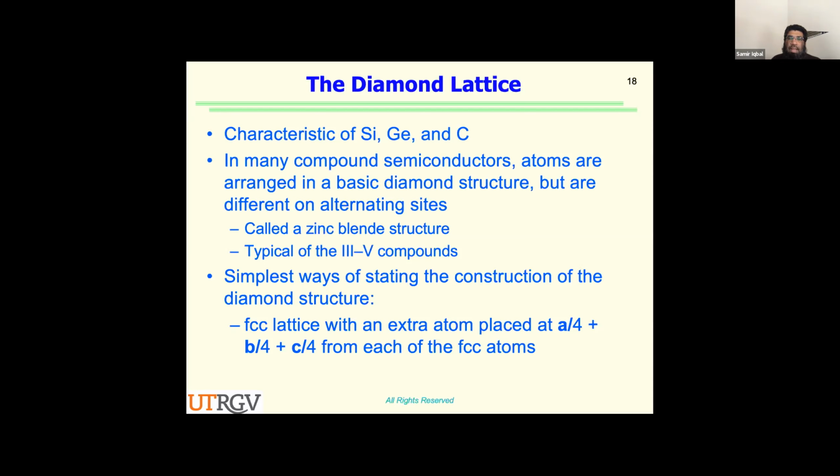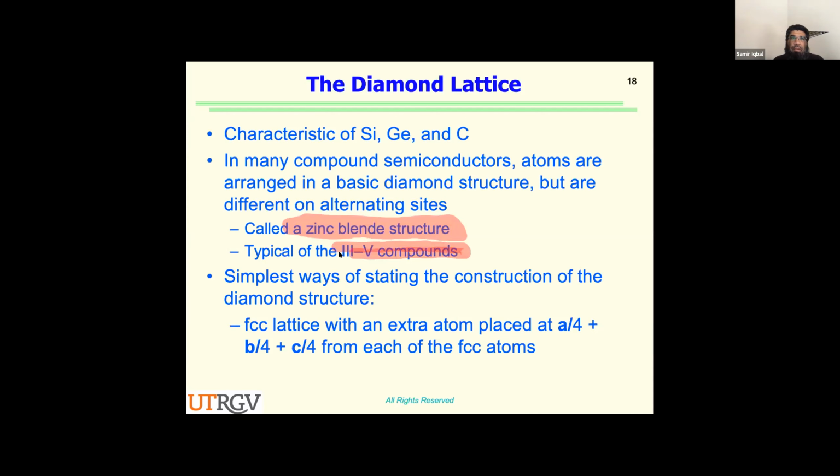Just 2-3 names you have to remember: diamond structure and zinc blend structure, which is a special structure of diamond structure. But in this case, we have alternating elements. And this is typical of 3,5 compounds.